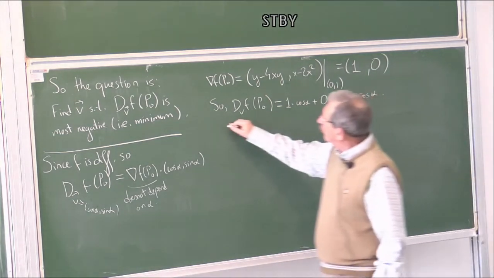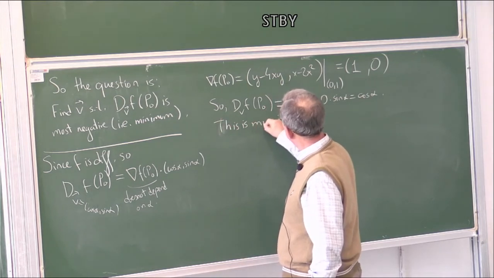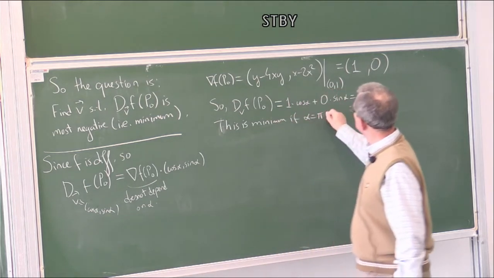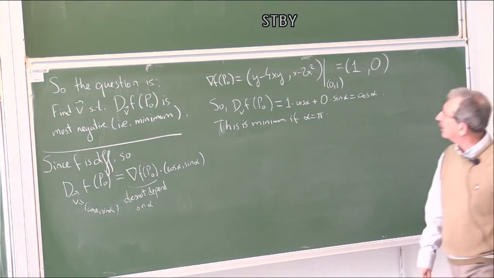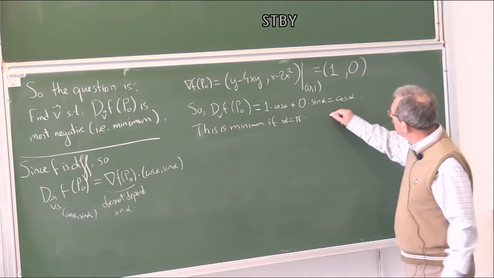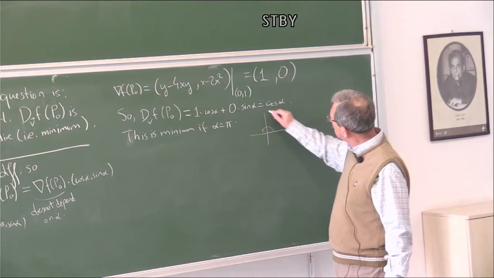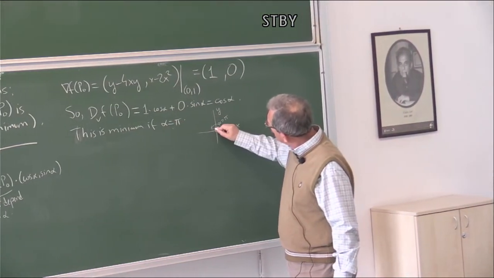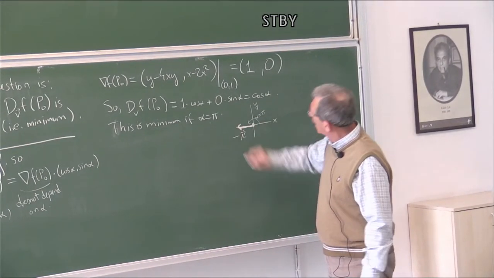Clearly, this is minimum. The minimum value of the cosine function is -1, so it is this. What does this mean? Remember, here alpha was the angle from the x-axis. So this vector is minus the i vector.